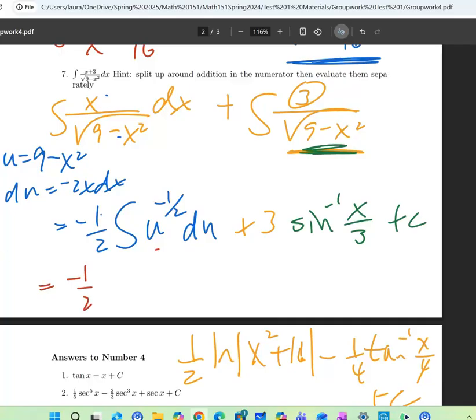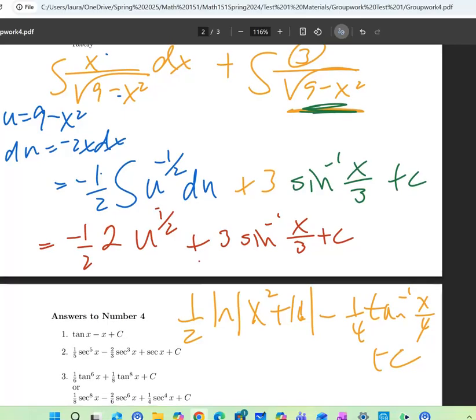And add 1 to the exponent, you get a positive 2, u to the positive 1/2. And then plus this, right? Plus this 3 inverse sine of x over 3 plus c. So these 2's will cancel.